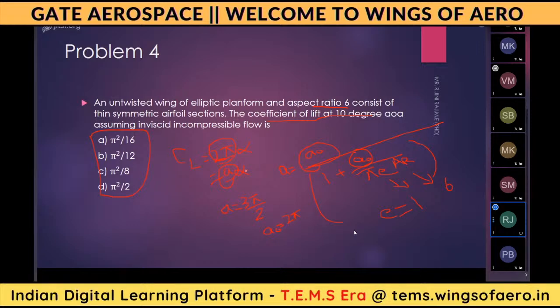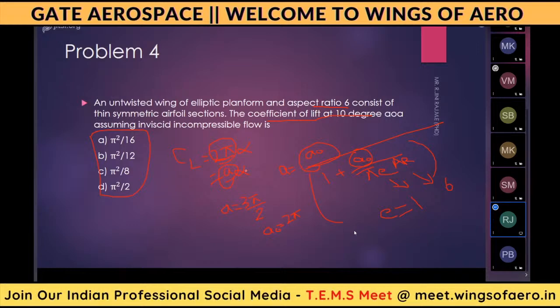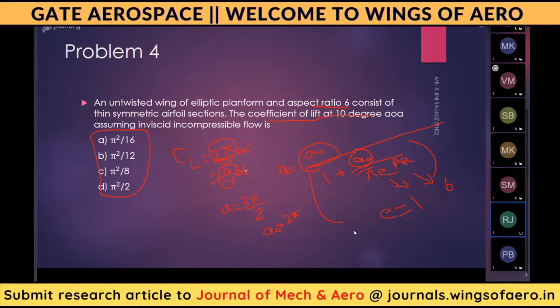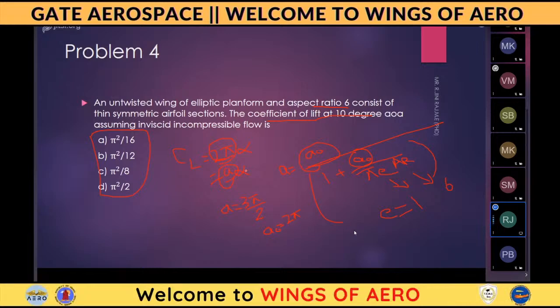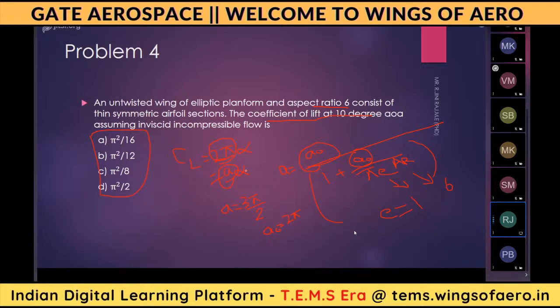Then whether we need to convert the degrees into radian here? Anyone? Yes, sir, we need to convert the degrees into radian. So for converting that, we need to apply pi by 180. After substituting this, did everyone get the answer? Pi square by 12.